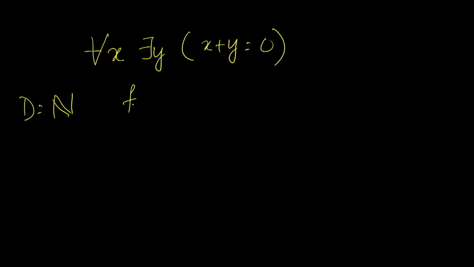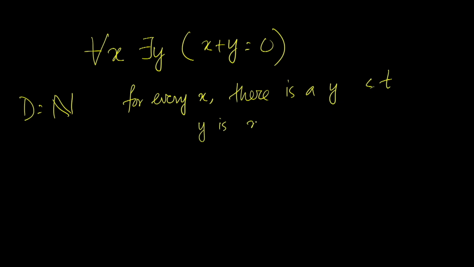It says that for every x, that is once you fix the x, there is a y such that y is x's additive inverse. When x and y are added together, we get 0, or y is the negative of x.